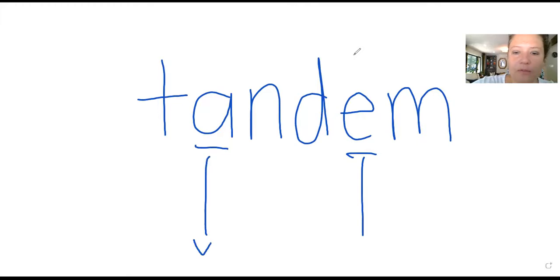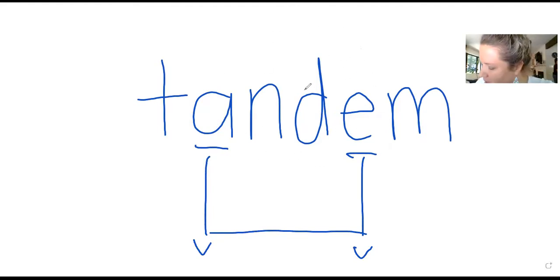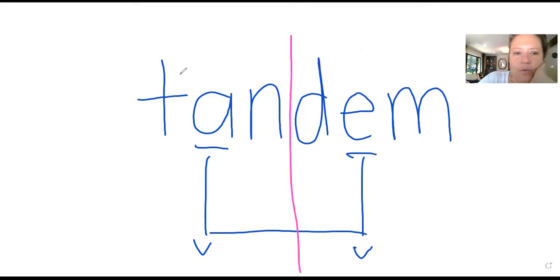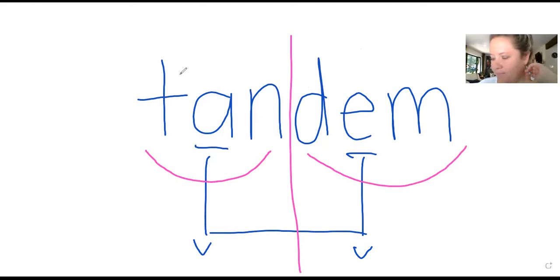We put a V to help us remember that those are V's. We connect our bridge. And then we go up top and we look at letters that don't necessarily go together. And this is going to be divided here. And this word would then be tandem. Tandem. Okay, two more.